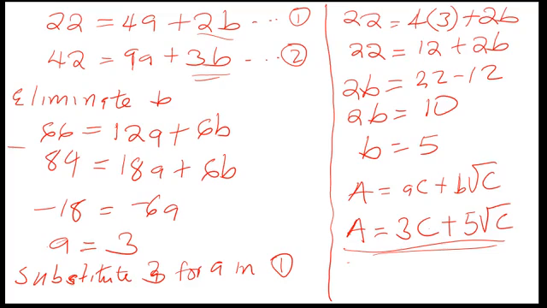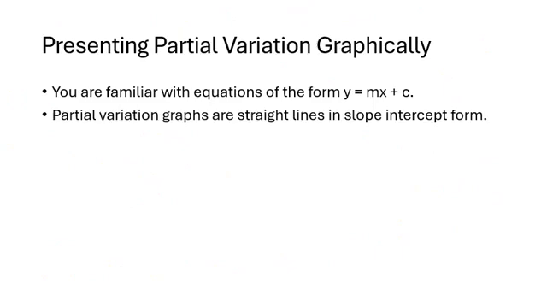Let's continue. Now let's look at how we can present this information, presenting partial variation graphically. This equation is not new. It's an equation of a straight line, which means partial variation graphs have to be a straight line.